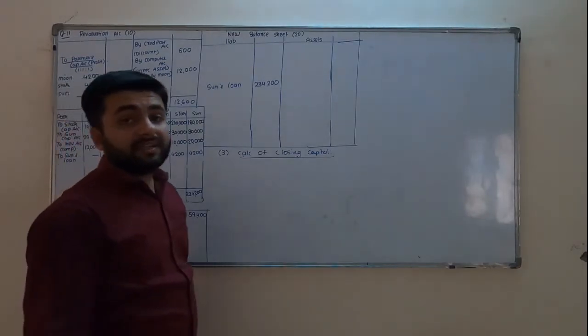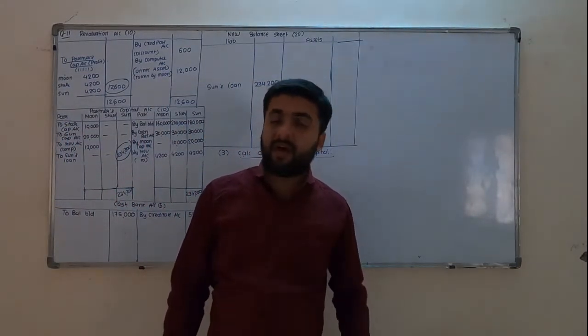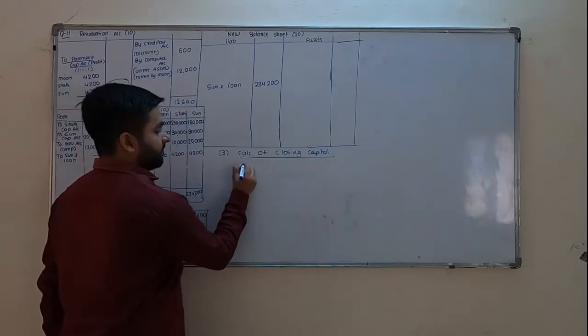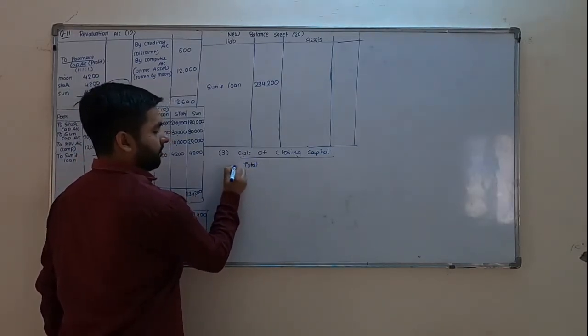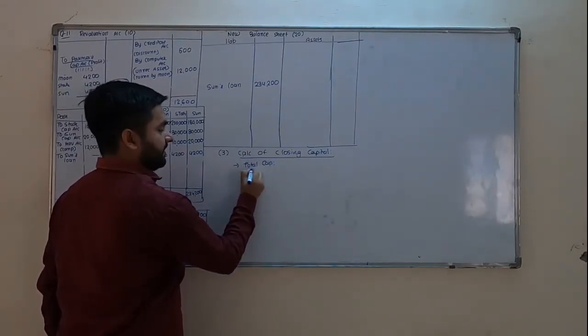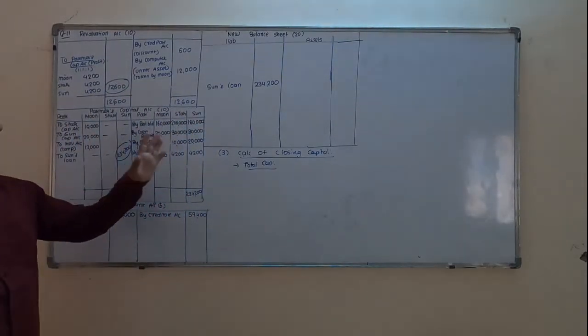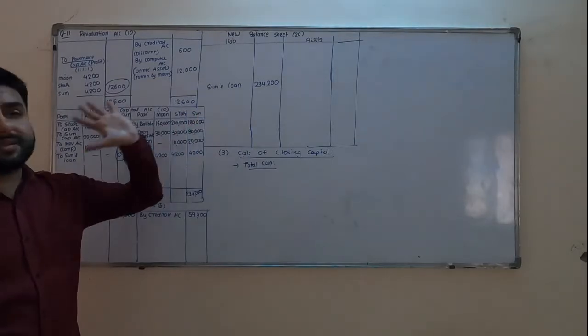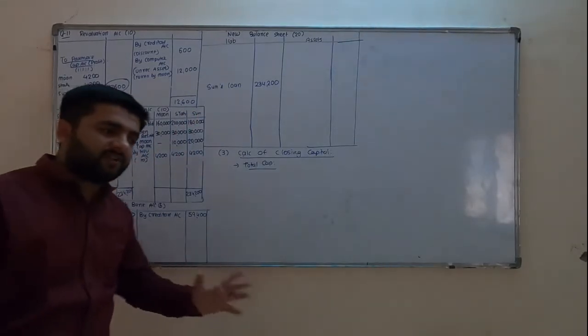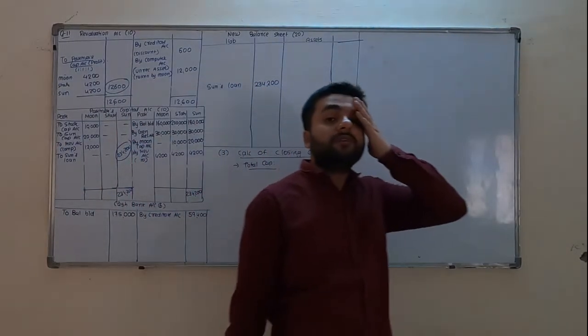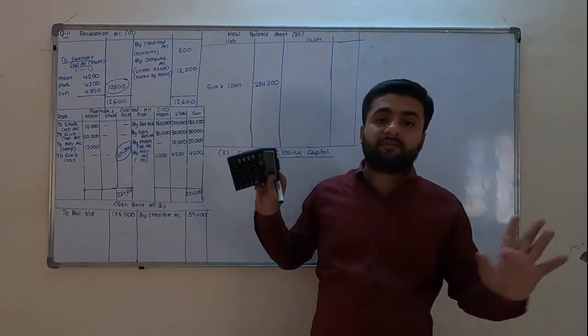Now total capital is not given. How to find? Total capital. See friends, here Sun is retiring. His amount is kept as loan because we cannot pay that amount and no information is given in the question. So we have kept the total amount as loan.